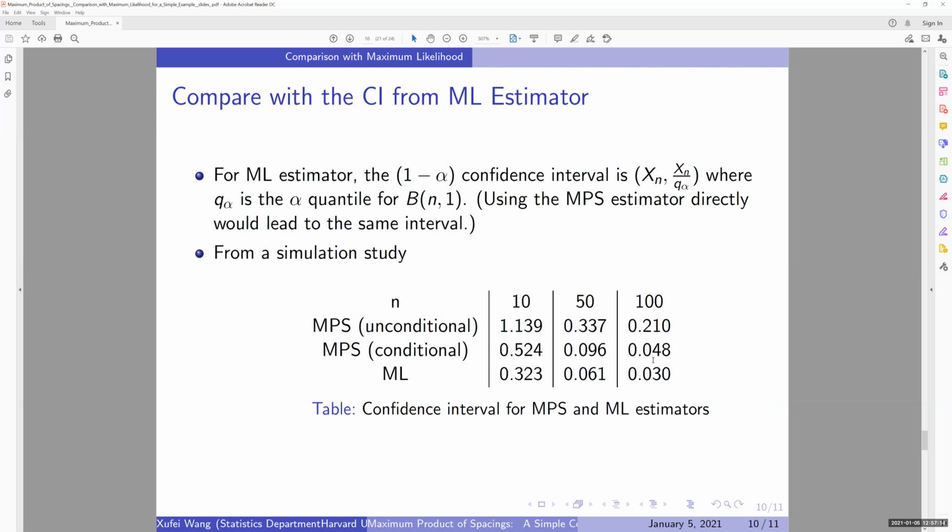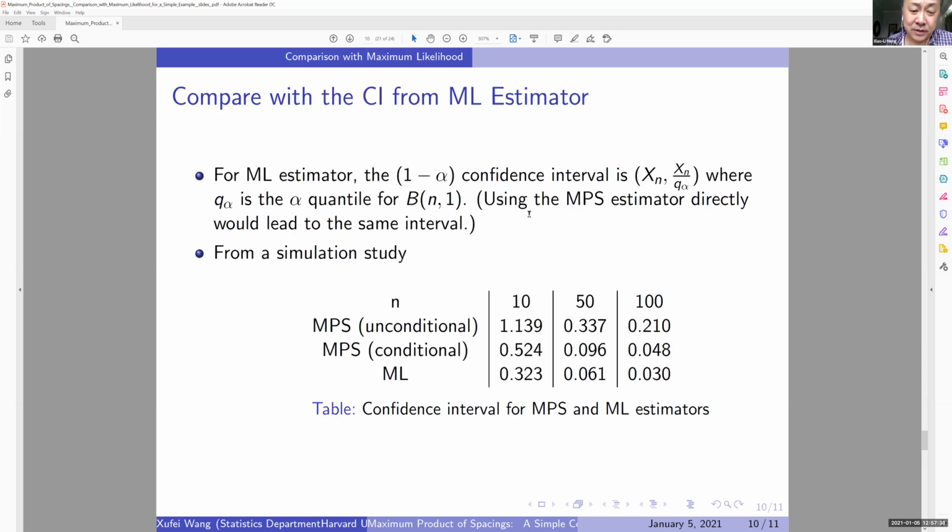I think the reason is that the MLE depends on this beta distribution, and it's trying to cut the distribution at the highest PDF, so it has the shortest confidence interval possible.